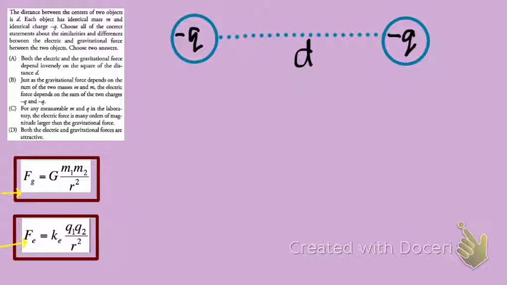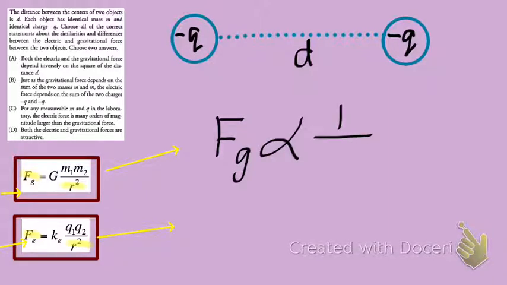So let's look. What's the relationship between the force and the distance, or r, in this formula? Well, we can see that in both these formulas, the force is directly proportional to 1 over r squared.